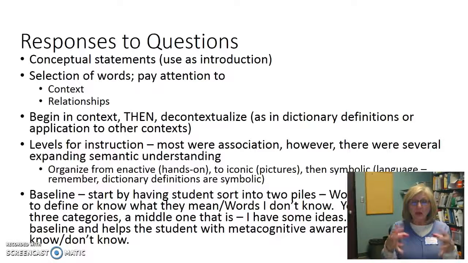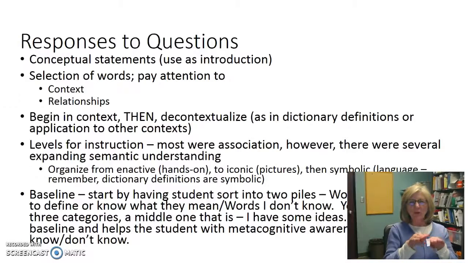Really use the content and the context in which the vocabulary is being learned first, and then go to the dictionary definitions, because it's more difficult to apply to other contexts. It's easier to teach them in the one in which it's most important. Perhaps it's the academic context.